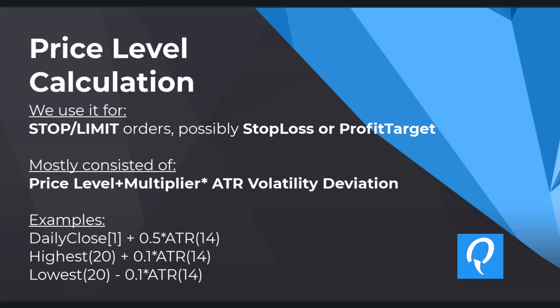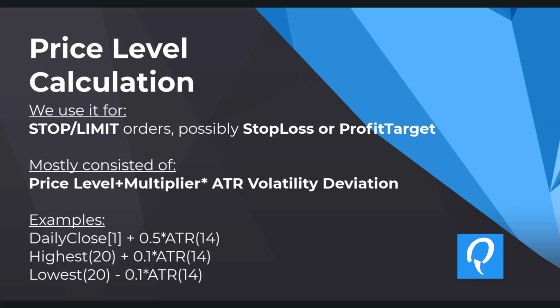And for the robots that we are building here, there is a kind of standard way to calculate price level for breakout or for limit or bounce that goes most of the time like this. Price level, so indicator or price plus multiplier multiplied by ATR volatility deviation.